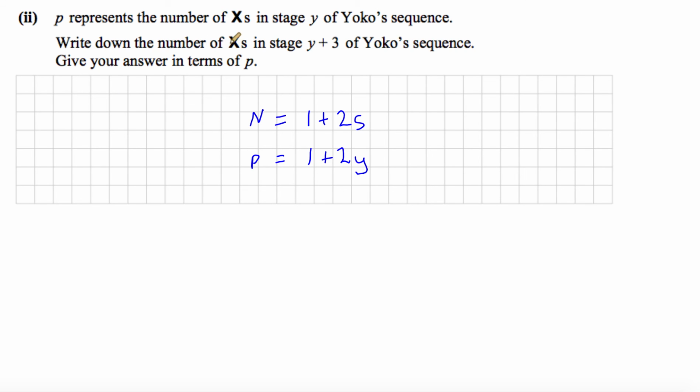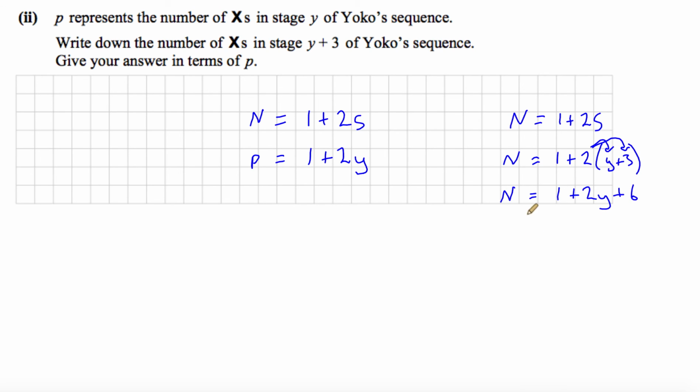Okay, well now it says write down the number of x's in stage y plus 3. So if we write the formula again, it's n is equal to 1 plus 2s. So that means n is equal to 1 plus, this time the stage is y plus 3, so it's 1 plus 2 by y plus 3. Make sure the y plus 3 is in brackets. When we multiply this out, 2 by y is 2y, and 2 by 3 is 6.